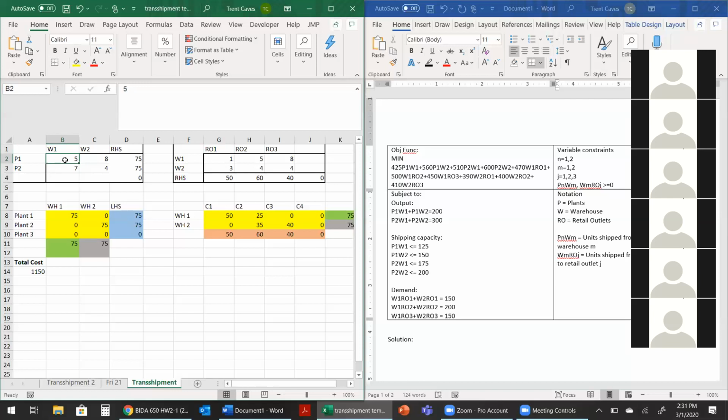So our cost from plant 1 to warehouse 1, we're just going to copy the chart. And the same thing for our shipping costs from warehouse to retail outlets.